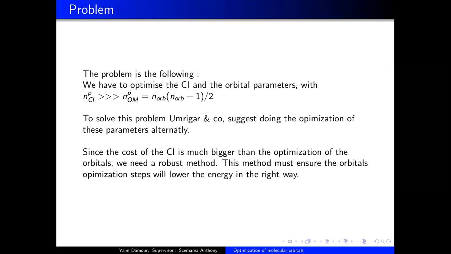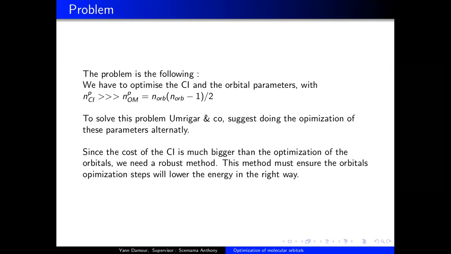Basically, it's not the same problem that we encounter with orbital localization, because for orbital localization, we just have to minimize the criterion, and it's very easy. It doesn't take too much time.